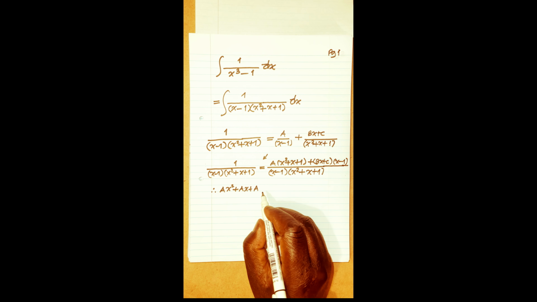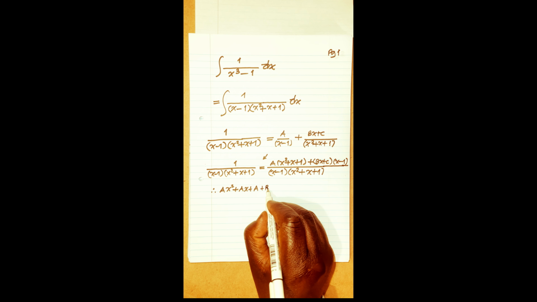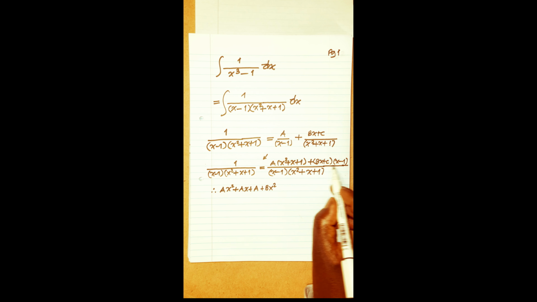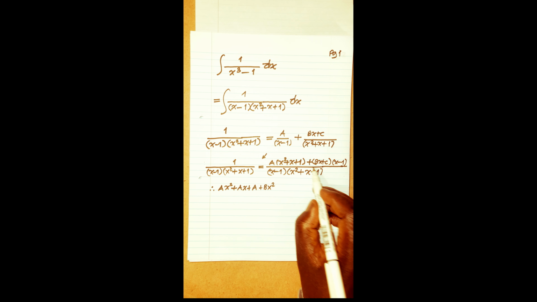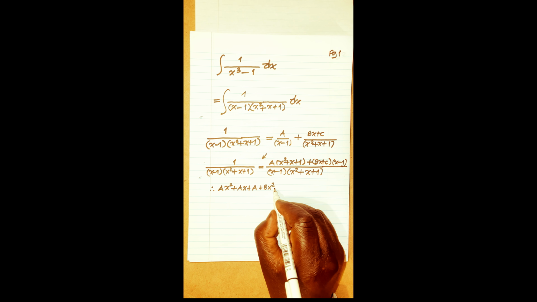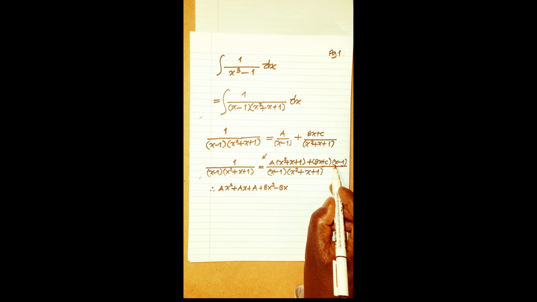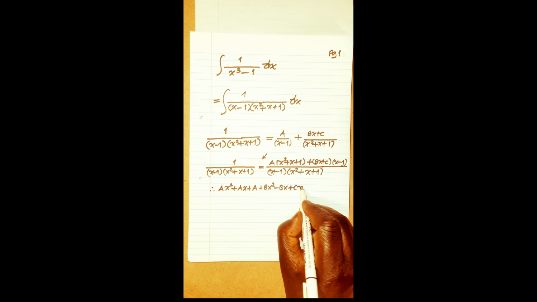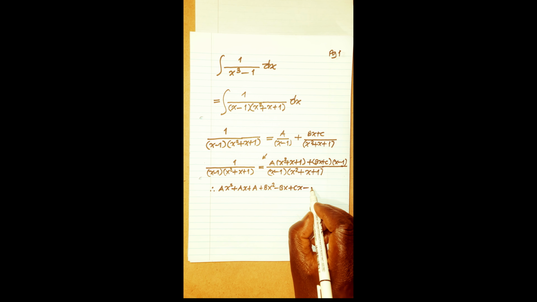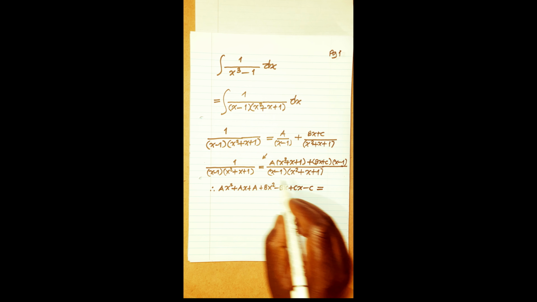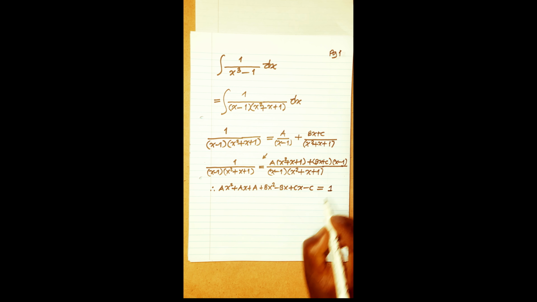And then expanding that, we have plus bx squared, bx times x, bx squared, bx times minus 1 is minus bx. And then we have c times x is cx, c times minus 1 is minus c. What is this equal to? The numerator there is equal to 1.